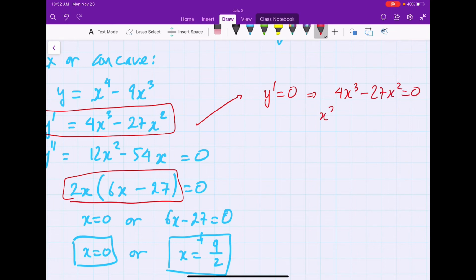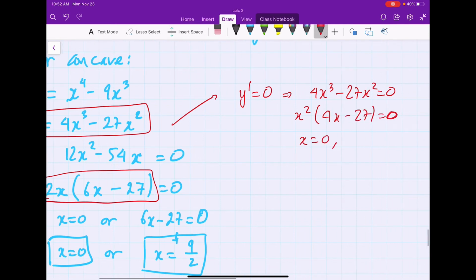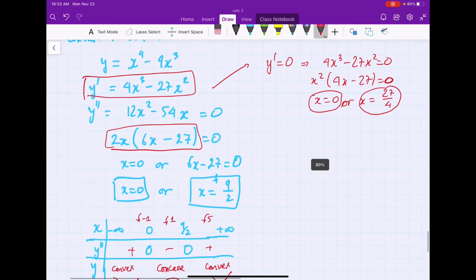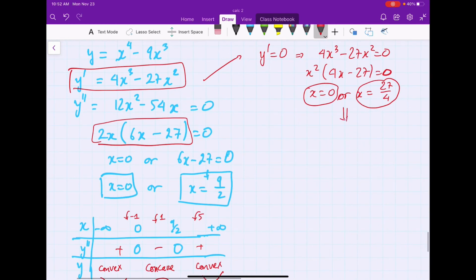You factor x squared out, you get 4x minus 27 equal to 0. So x equal to 0 or x equal to 27/4. And you plug 0 and 27/4 into the second derivative.